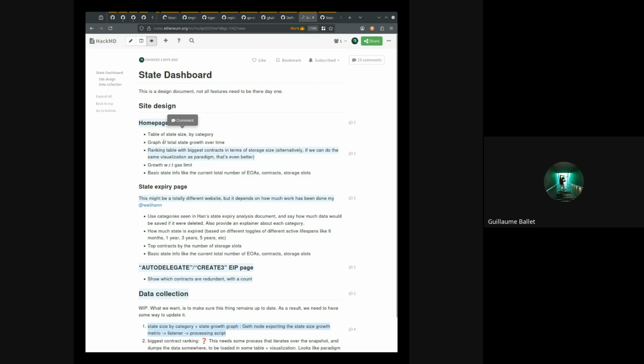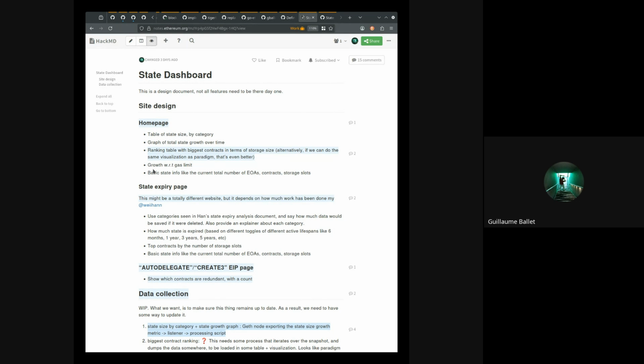We want to have the total state growth over time. Also rank the contracts, to say this is the biggest contract. We also want to do something like what Paradigm did back in the day, but keep it up to date instead of just having a static rendering. A suggestion that was given is to display the growth with respect to gas limits.